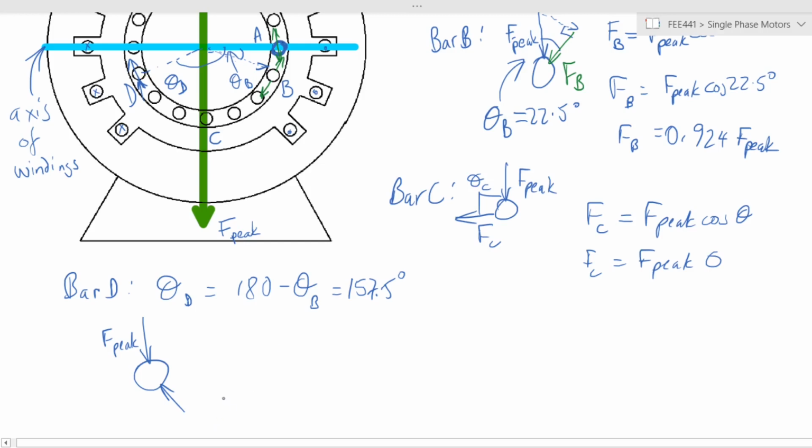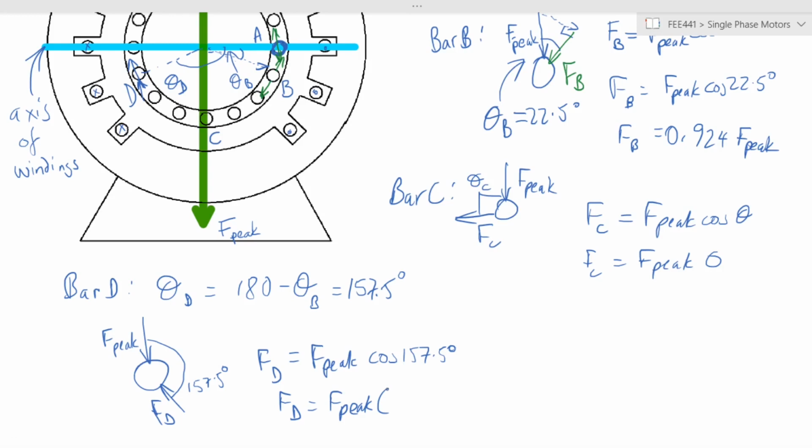Following on from what we had before, FD will be acting in that direction, whereby this is 157.5 degrees. That means FD is equal to F peak times cos 157.5 degrees, which is equal to F peak into cosine of 157.5, which is negative 0.924 approximately.